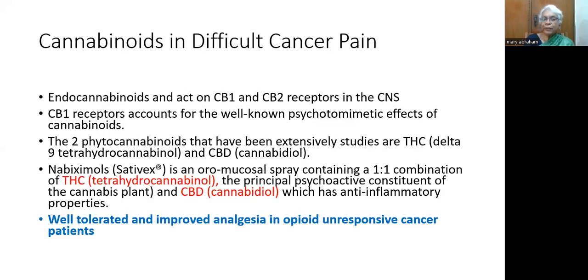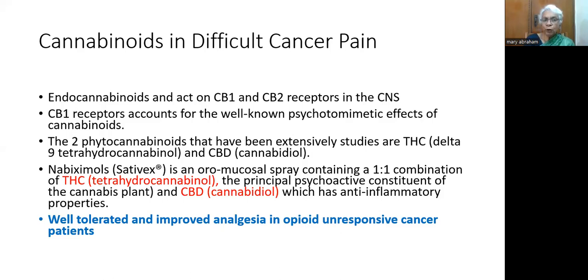Now, these endocannabinoids act on the CB1 and CB2 receptors in the central nervous system. And the CB1 receptor accounts for the well-known psychomimetic effects of cannabinoids. The 2 phytocannabinoids that have been extensively studied are THC, which is tetrahydrocannabinol, and CBD, which is cannabidiol.